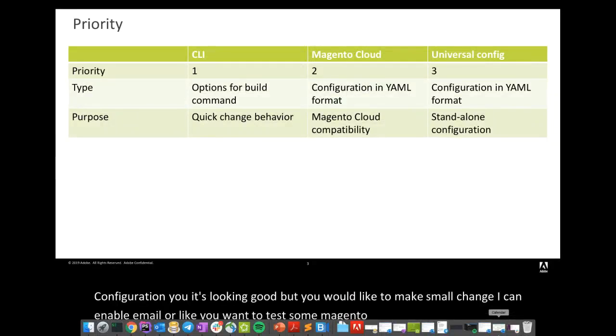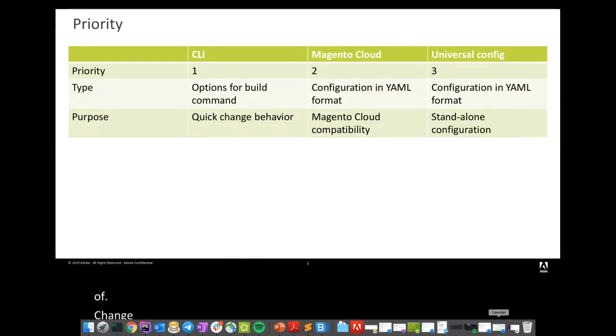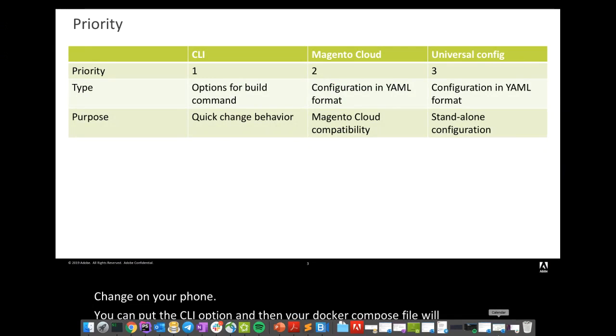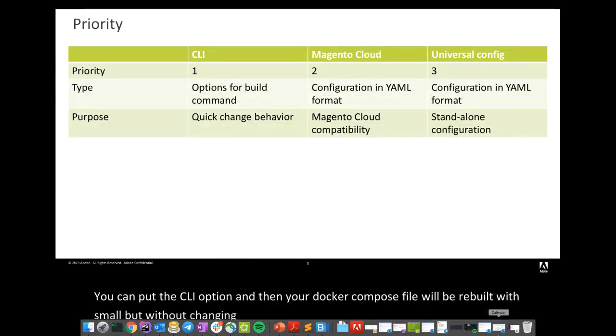So instead of changing your file configuration, you can put the CLI option, and then your Docker Compose file will be rebuilt with a small option, but without changing your original configuration for the Cloud Docker.